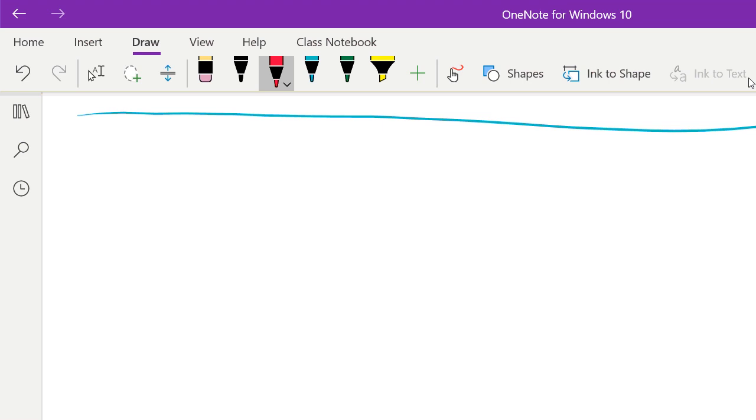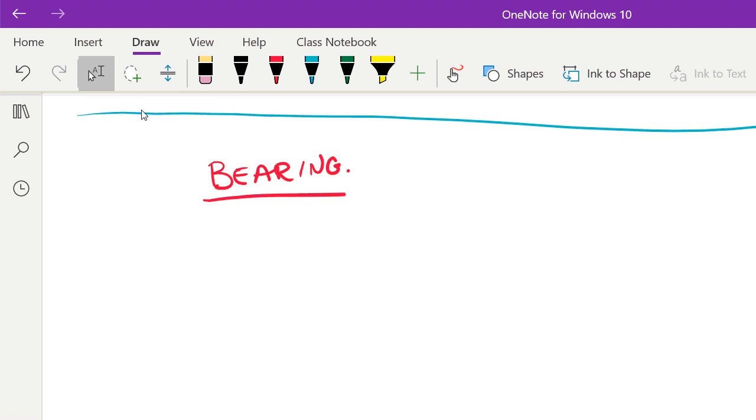Now when we are describing a vector, there are different ways to describe a vector. The very first one that is used in the world is known as the bearing. Bearing is the angle that is measured clockwise from north to the vector.